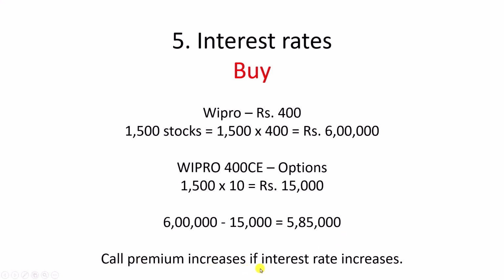Why is that so? Let us assume the call option is a person. Call option says that, see, instead of buying the stock for this much amount, you are able to buy me for this much amount.